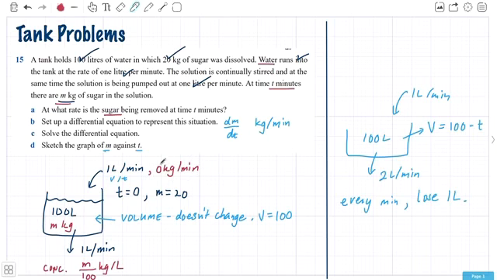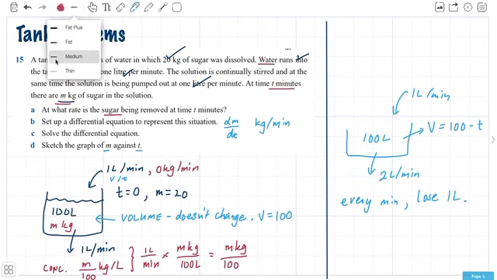Okay, now remember we want kilos per minute, so what we can do now is put these two things together. We've got 1 litre per minute coming out. In each of those litres we have m kilos per 100 litres. That's the concentration of sugar. And so that means that we have 1 times m, which is m kilos, and 100 on the bottom.